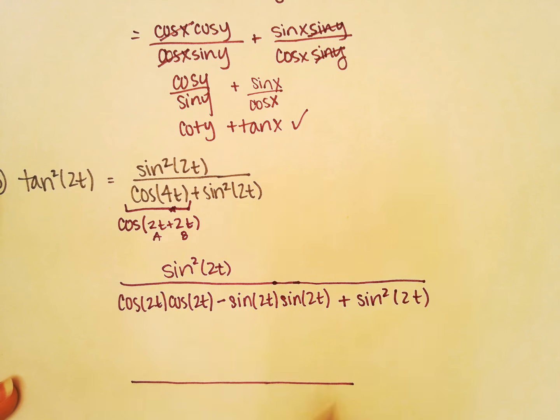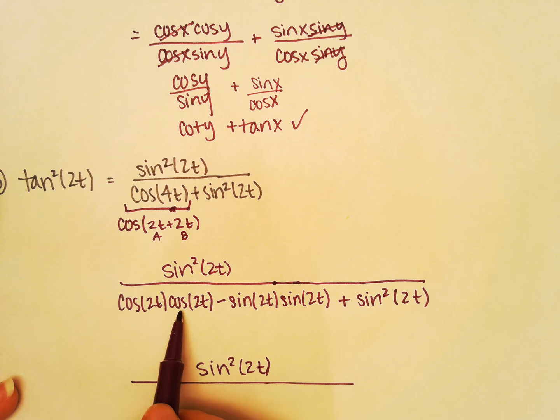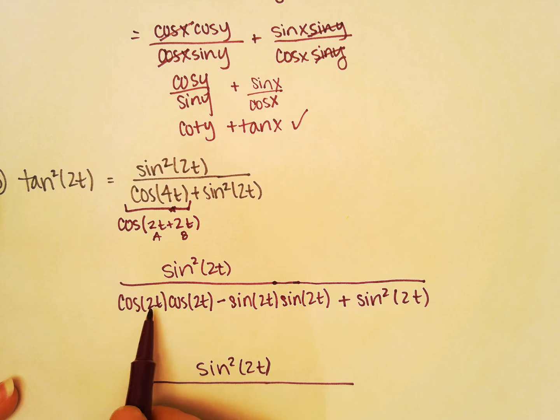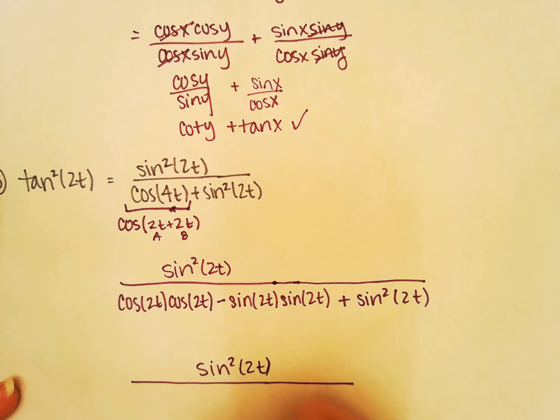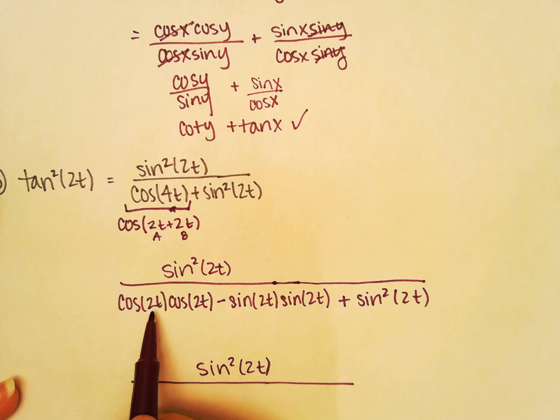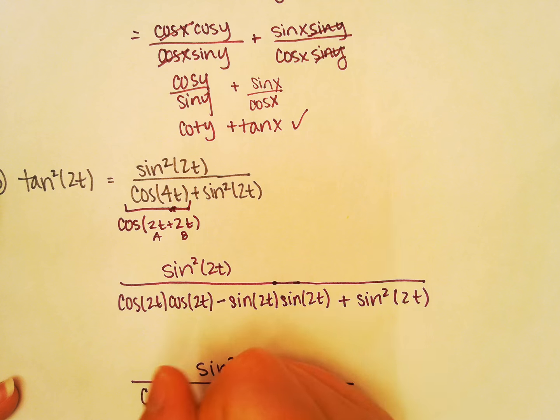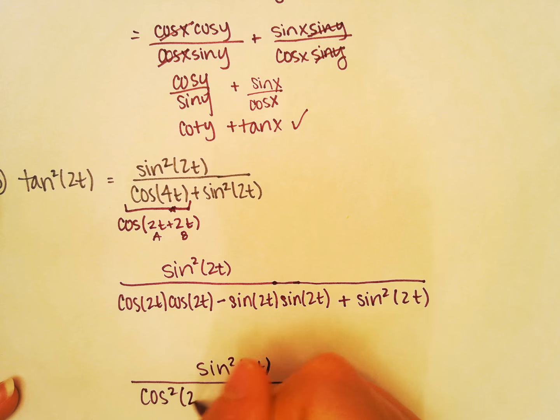Okay, so let's simplify a little bit. On the top we have the sine squared of 2t. On the bottom, we have cosine times cosine of the same argument, so that means I can actually put that in a squared. I couldn't do that if it was cosine of x times cosine of y. That's not the cosine squared of xy, but since these have the same stuff in the parentheses, I can combine it as the cosine squared of 2t.